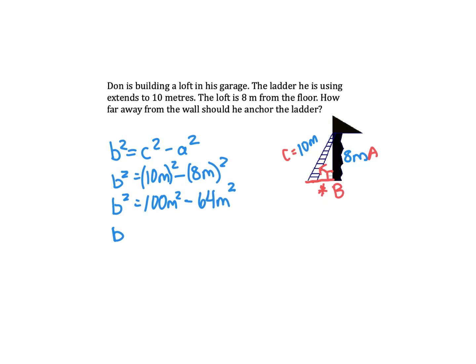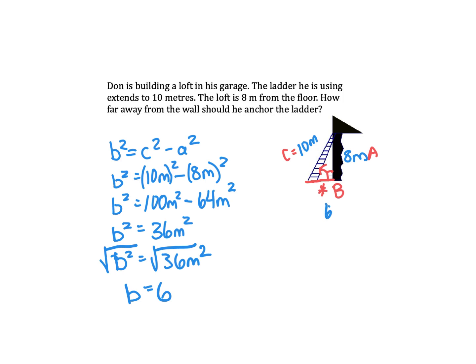B squared equals, and we subtract those off, we get 36 meters squared. We then can square root B squared and then do the square root of 36 meters squared. We're left with B equals 6. And that does fit with what we want.